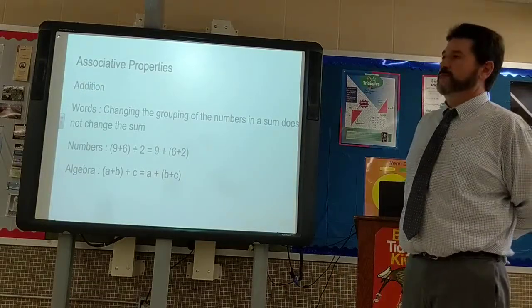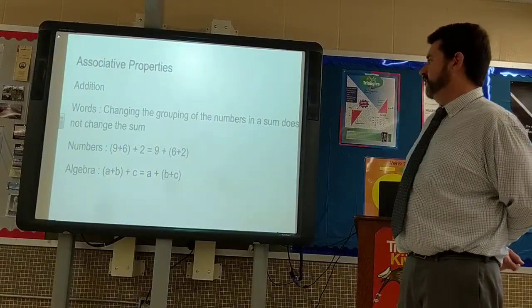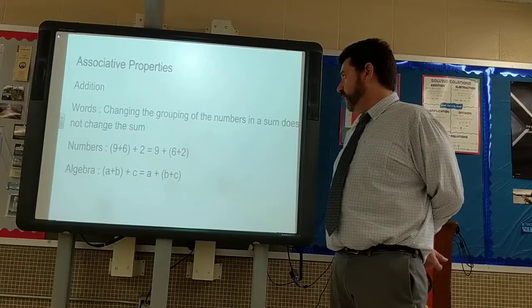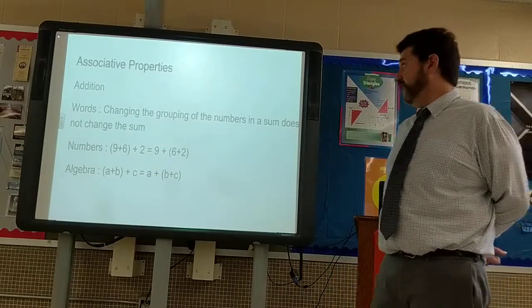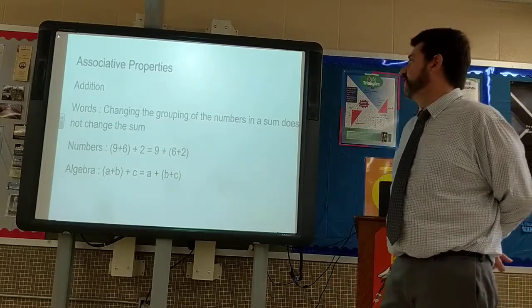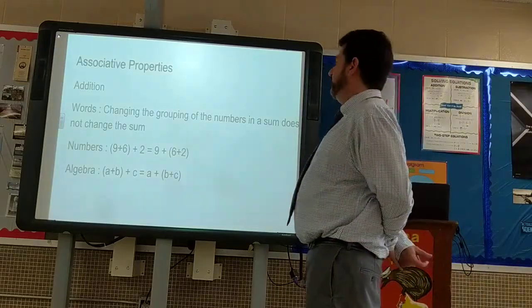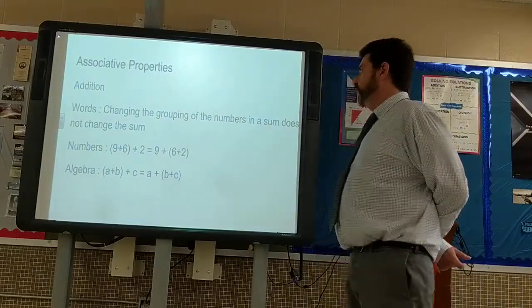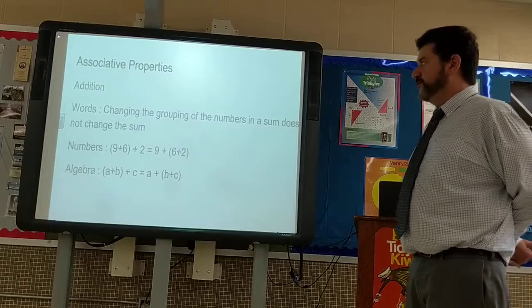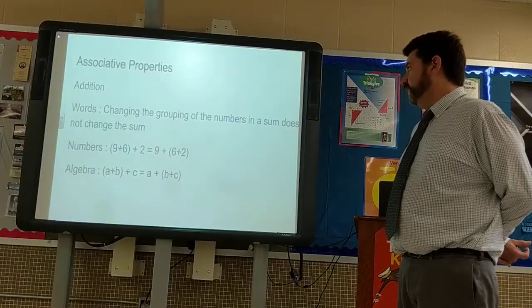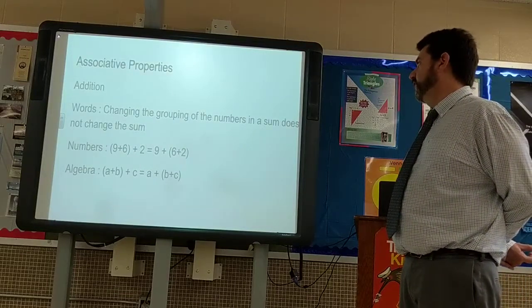For example, if we have (9 plus 6) plus 2, and we do the 9 plus 6 first, it's going to give us the same answer as 9 plus (6 plus 2) if we do the 6 plus 2 first. So 9 plus 6 is 15. We add 2, that's 17.